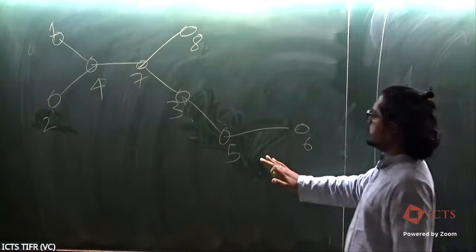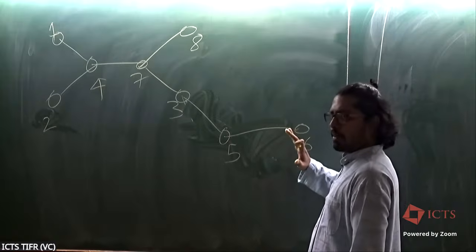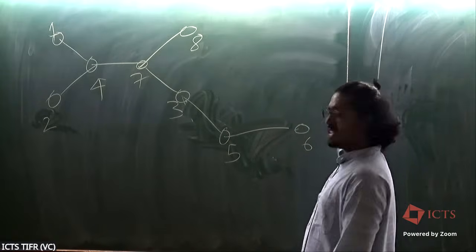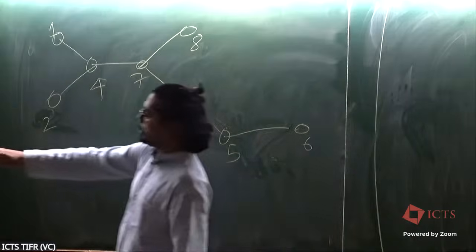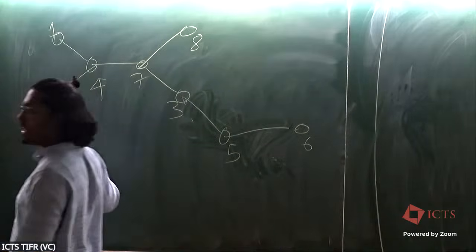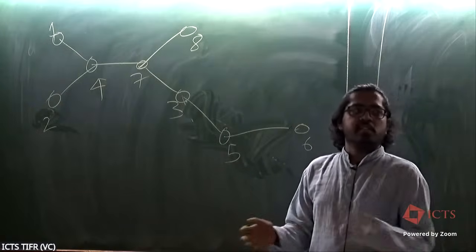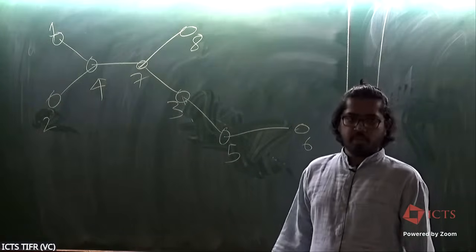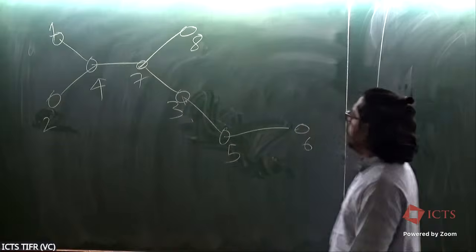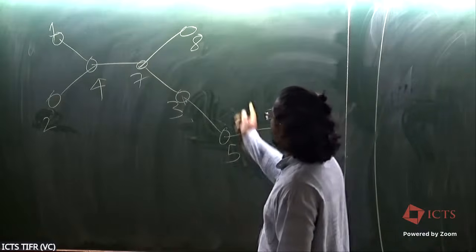What I'm going to do now is, given this tree on 8 vertices, I'm going to give you a sequence of length 6, because it's n minus 2 length sequences, whose each entry is one among 1 to 8. So here's how I'm going to build it. I'm going to look at the leaves.